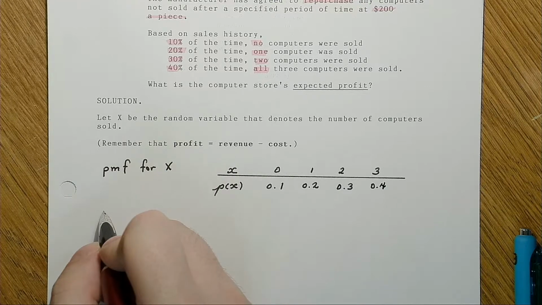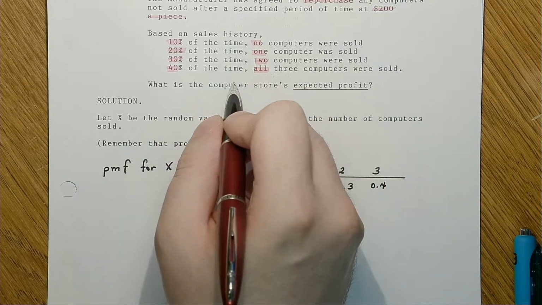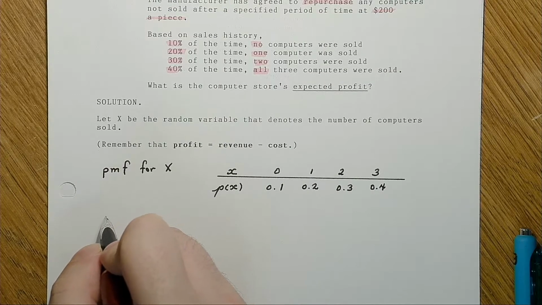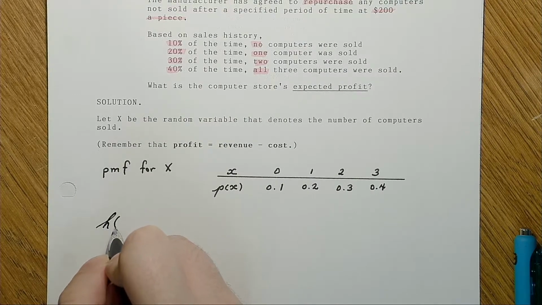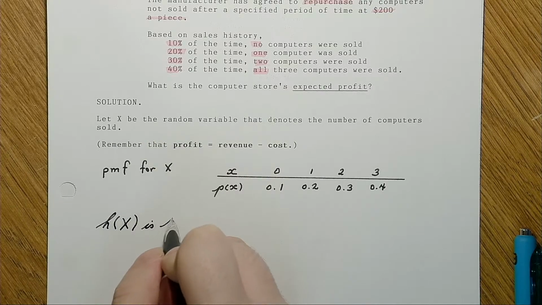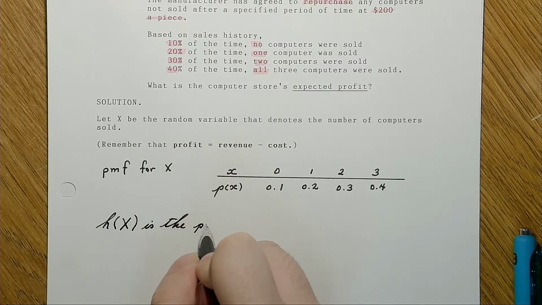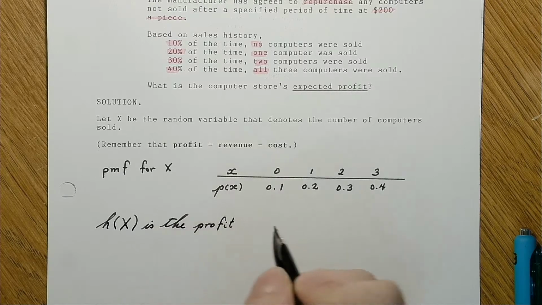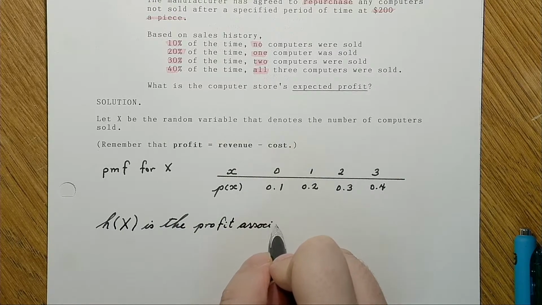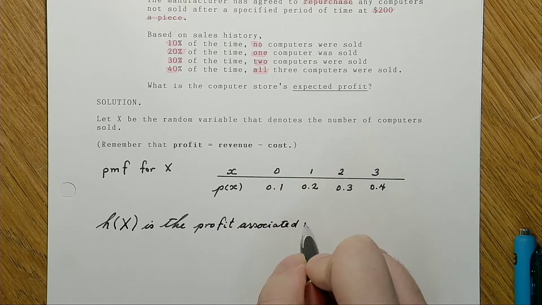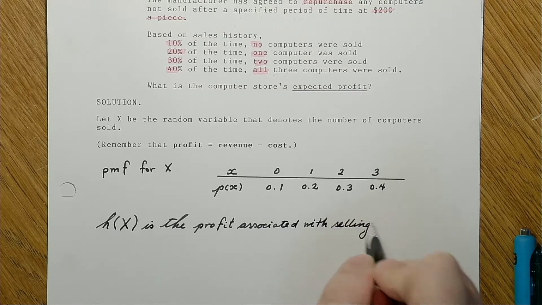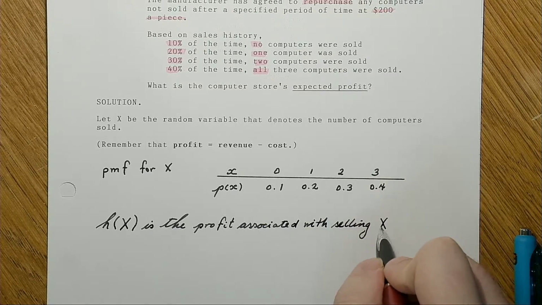So then what we want is the store's expected profit. H, and this is a capital X, is the profit function associated with selling X units or X computers.